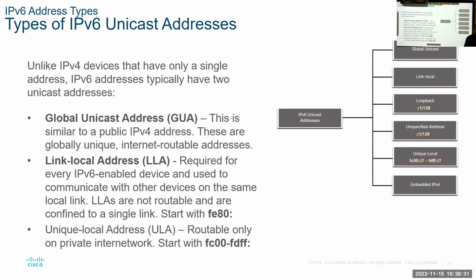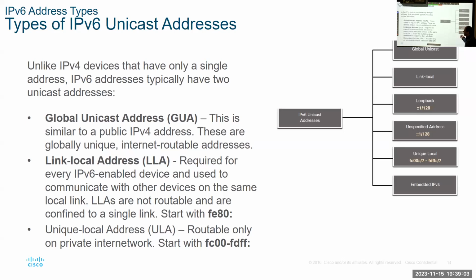Does anyone remember under what context link local address was talked about in IPv4? APIPA, yes. The APIPA address gets automatically assigned if a host is set up to get its address through DHCP, but a DHCP server isn't available. It will automatically assign itself an APIPA address that starts with 169.254.